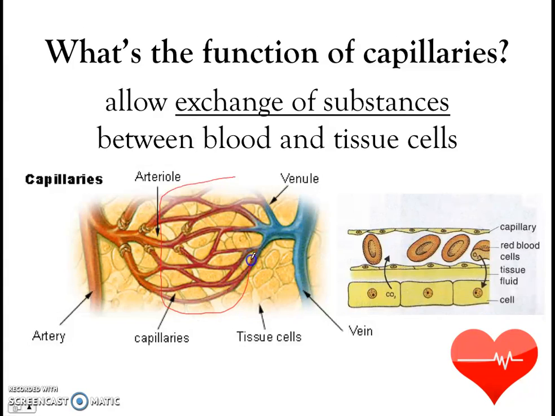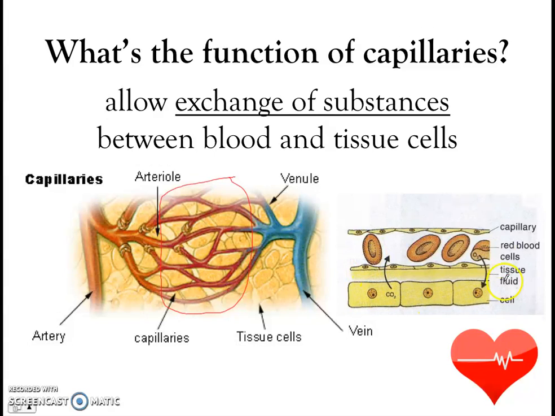Now, notice that in this region, the capillaries are weaving themselves or passing through among the tissue cells. And the tissue cells are these yellow objects behind in the background of the capillaries. So the tissue cells are able to then exchange substances with the capillaries before the capillaries join back into the venule and to the vein.